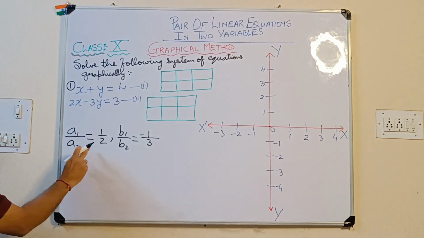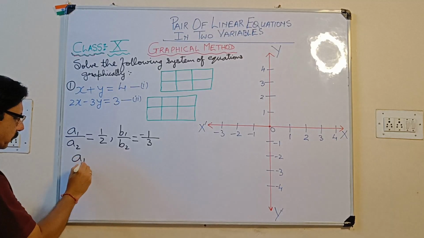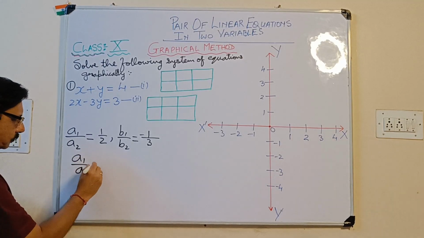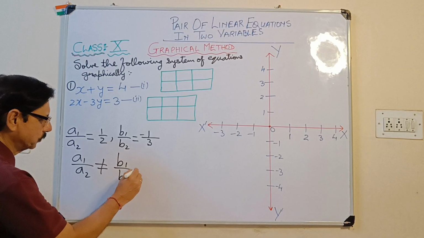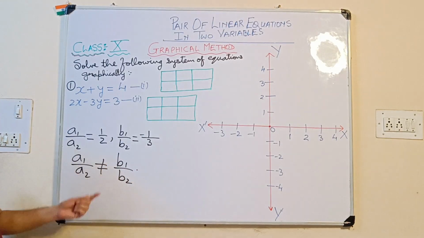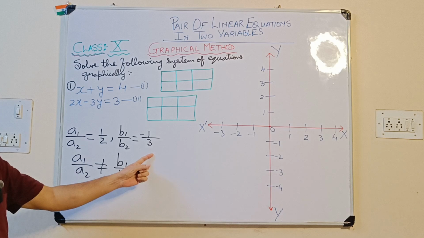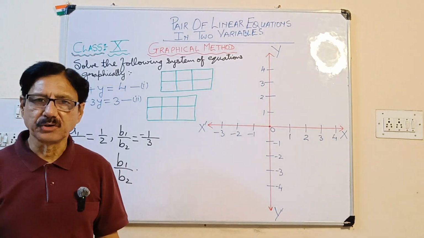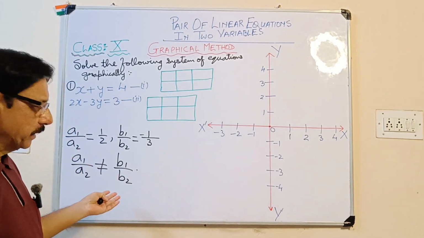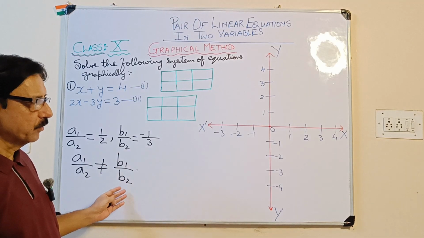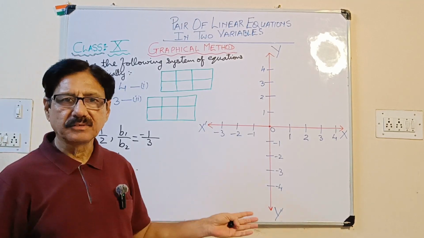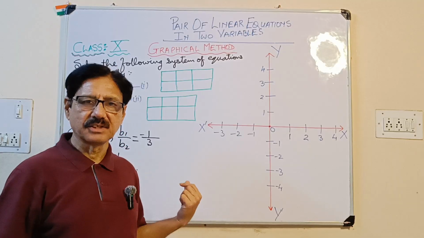Because a1 by a2 is not equal to b1 by b2, we are getting different ratios, 1 by 2 and minus 1 by 3. By comparing these ratios, we can say that the system of linear equations will have a unique solution. They are consistent.